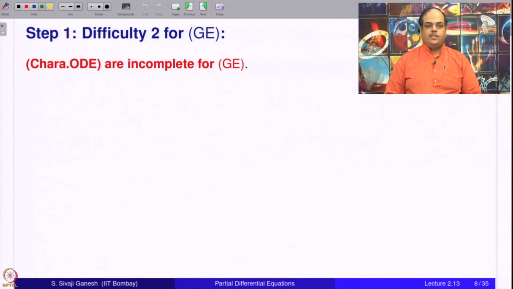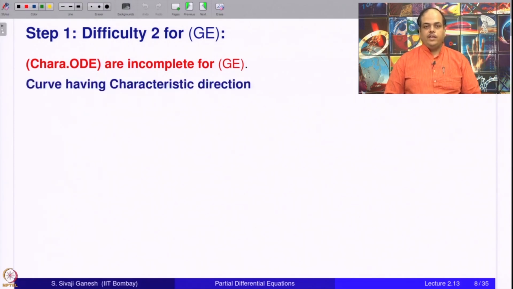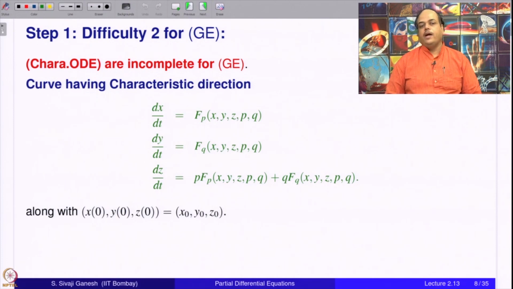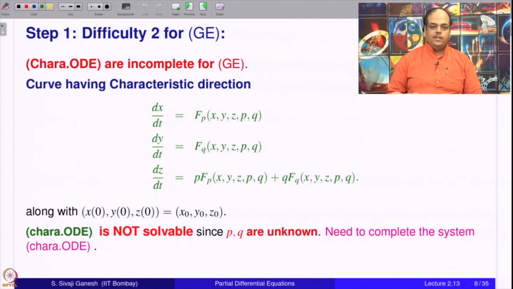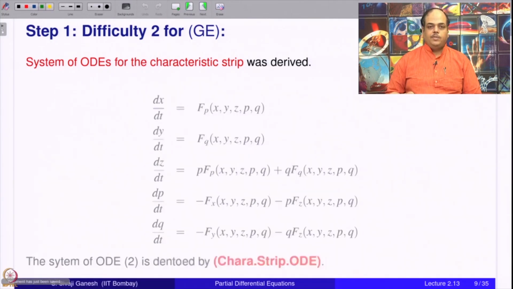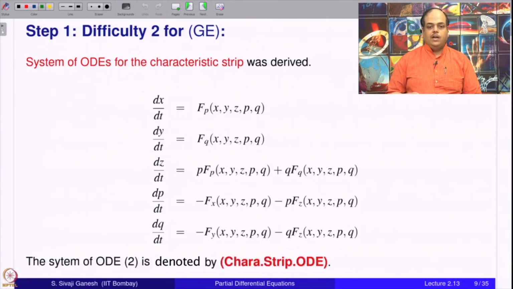And the characteristic ODE system is incomplete for a general nonlinear equation, because when we try to find a curve which has a characteristic direction, it has to satisfy this set of ODEs, namely the chara ODE, but here P and Q appear, which themselves are unknown. So, this is not solvable, and we need to supplement the system with another 2 equations, one for P and one for Q. It has been achieved, and that was called the chara strip ODE, where the dP by dt and dQ by dt equations have been added.